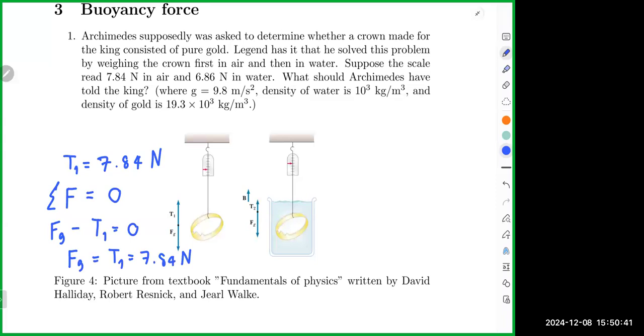And when he put it into water, the gauge reads 6.86 Newton in water, which means that T2 is 6.86 Newton. If you read this one, it stays still, so the summation of the force equals zero because there is no acceleration to the system.